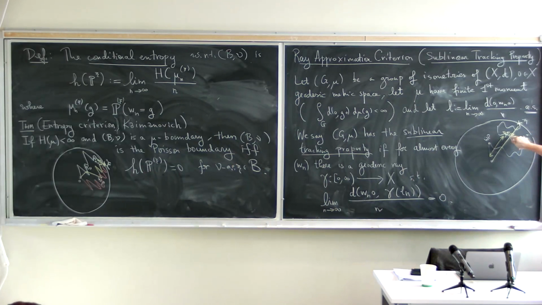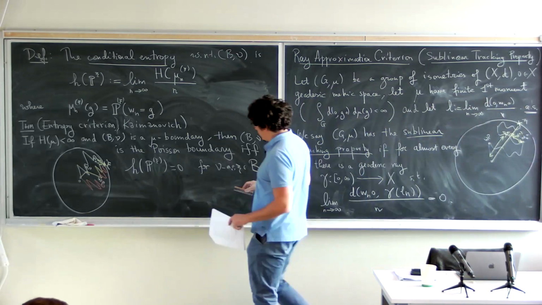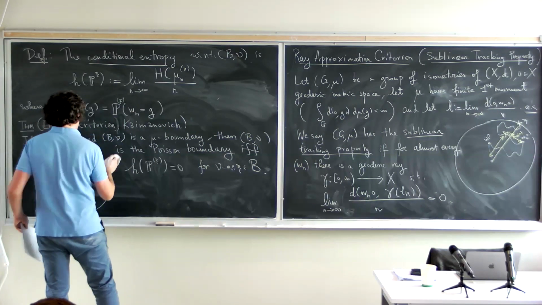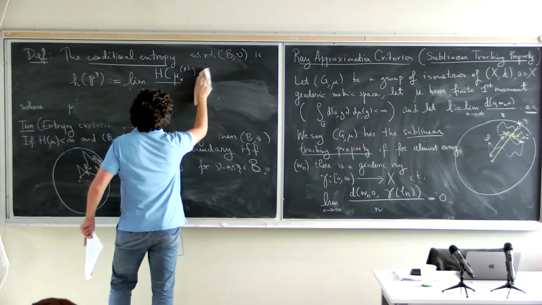So this distance is small o of n. And it turns out that this type of condition is enough to pin down the Poisson boundary.